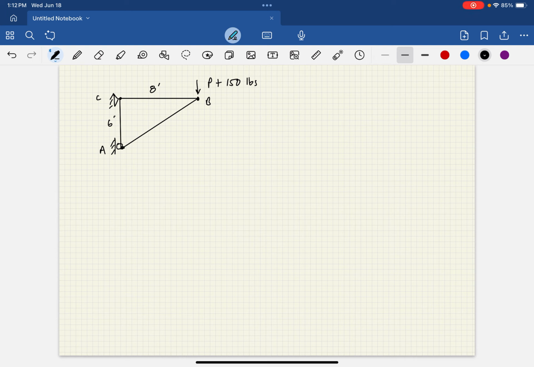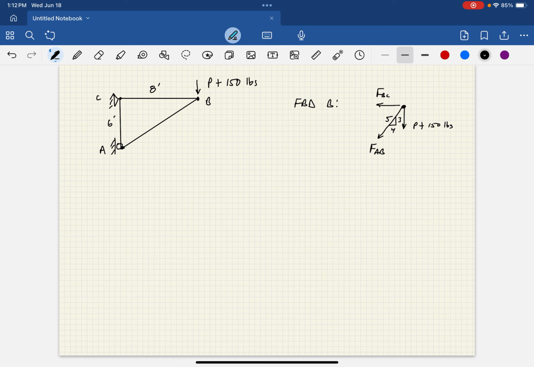So what do we do next? Well, in step 2 of the process, we use the method of joints to get the member forces, okay? So here I'm going to draw the free body diagram of joint B. And so here I've got the P plus 150 pounds, and then I have capital F_BC, and of course I have F_AB, and we know that we have a 3-4-5 ratio here, okay?